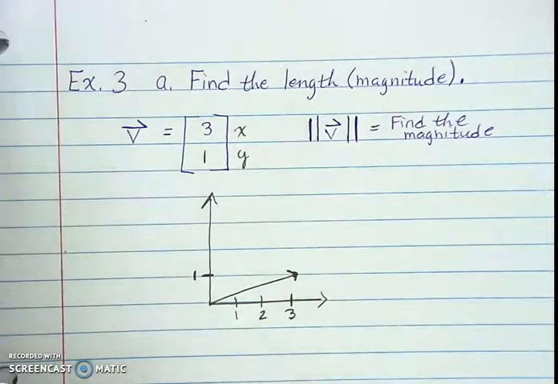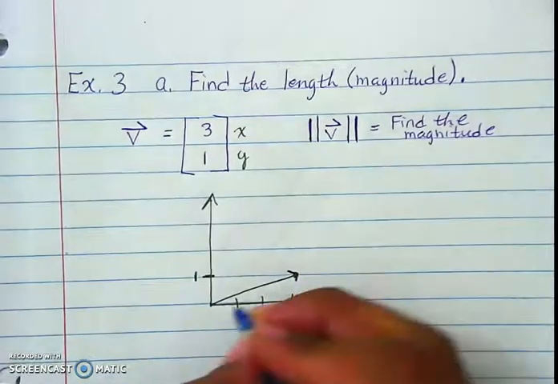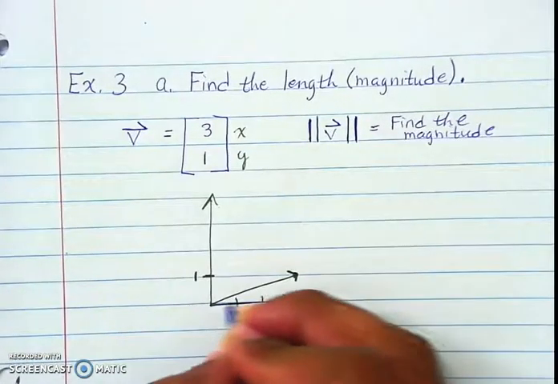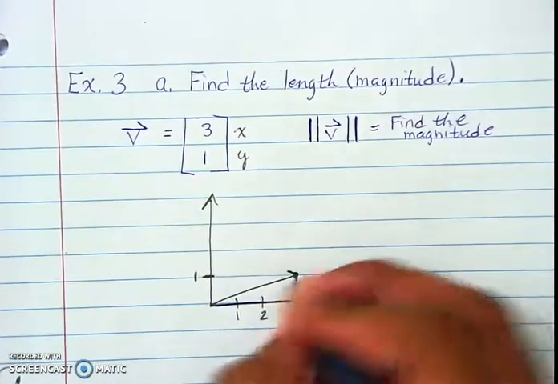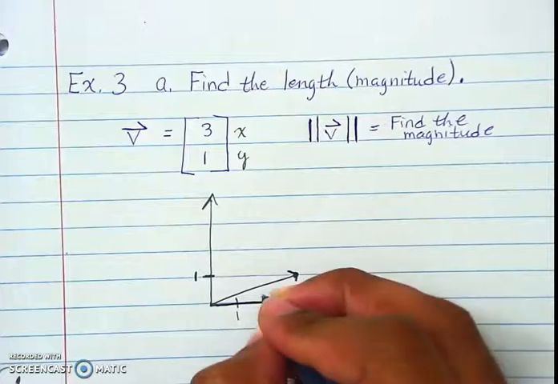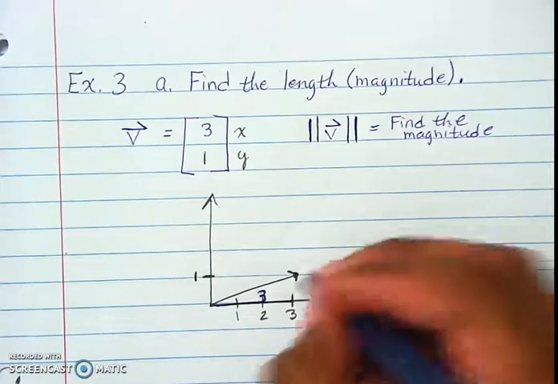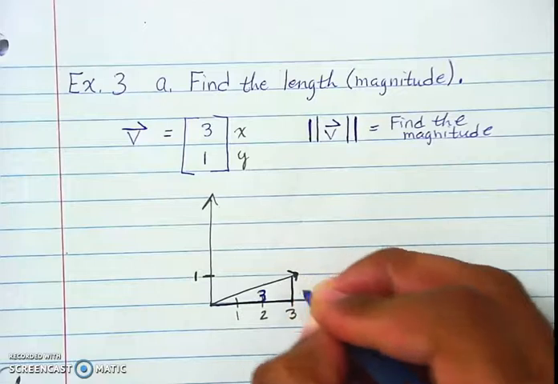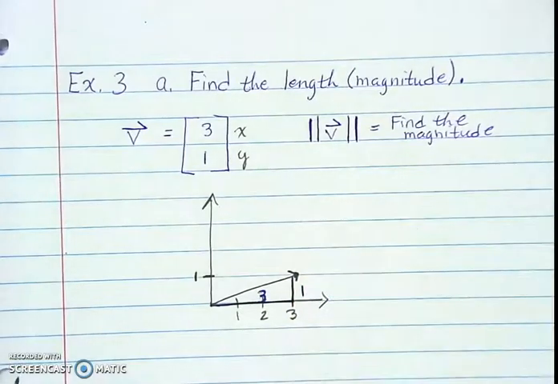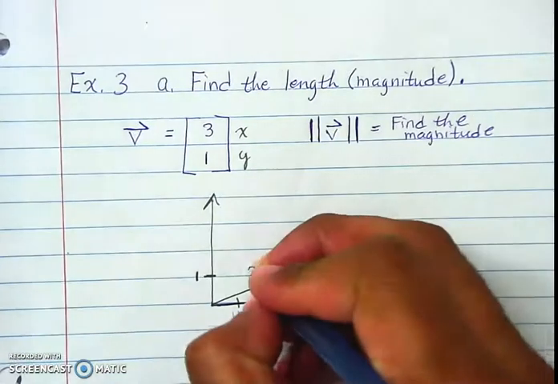Now, with this, we automatically know this side right here is 3. But on the inside, we automatically know this side right here is 1. And if we're trying to find the magnitude, the length of the vector, that means we're trying to find this side right here.